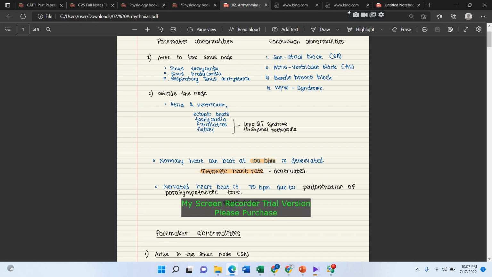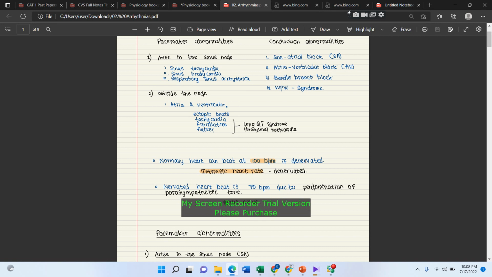Innervated heartbeat is 70 beats per minute due to predominance of parasympathetic tone, the vagus nerve. So even though the range is given as 60 to 100, the average heartbeat of a normal healthy person is 70 beats per minute. The reason is that parasympathetic tone predominates at the resting state.